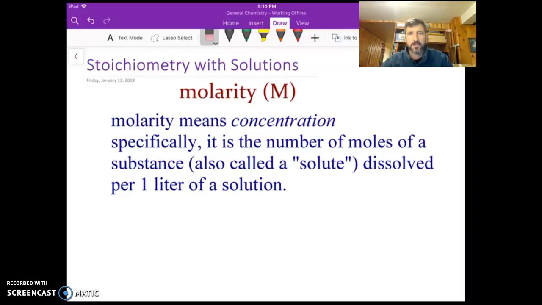Like in the lab, you measured out 40 milliliters of the hydrogen acetate solution. But you also would need to know how much hydrogen acetate per liter was dissolved in that solution to know exactly how much you were actually using and to do any stoichiometry with the hydrogen acetate.